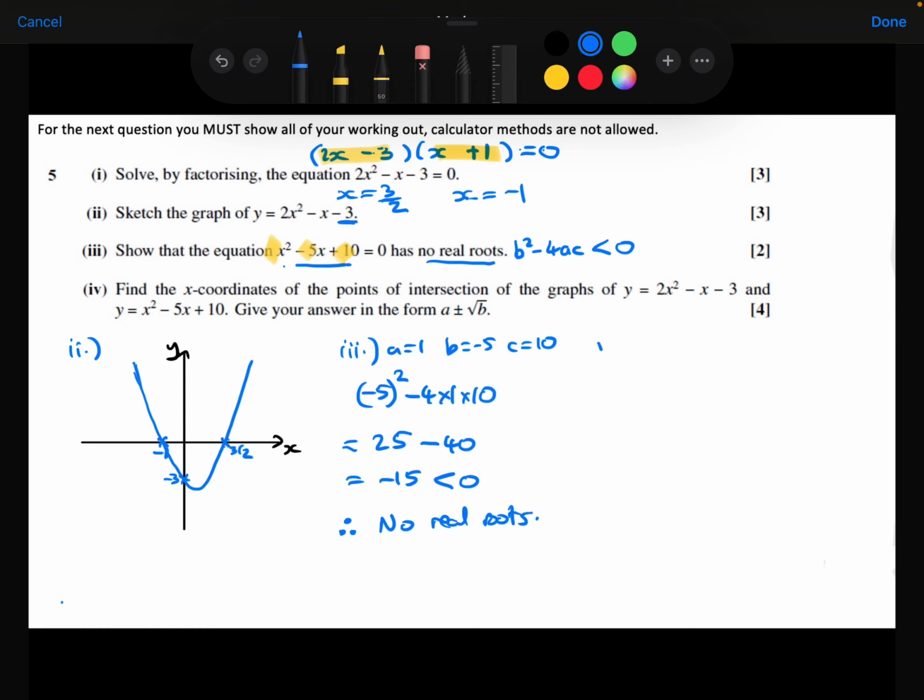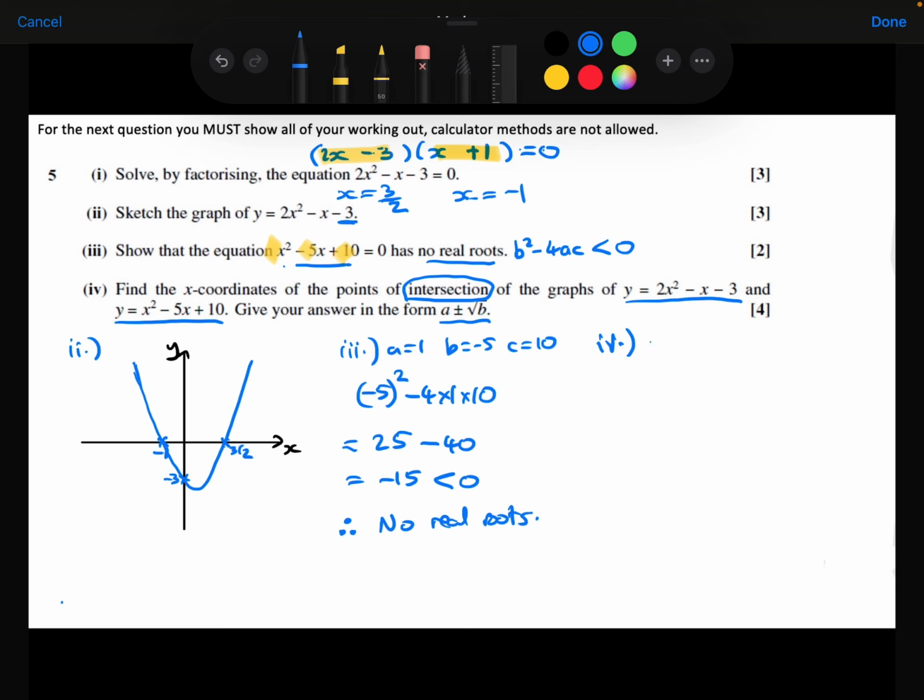And then part (c). We need to find the x-coordinates of the points of intersection of the graphs of y equals 2x squared minus x minus 3 and y equals x squared minus 5x plus 10. We need to give our answers in this form. So, intersection. We're thinking simultaneous equations. They're going to intersect when they have the same coordinates.